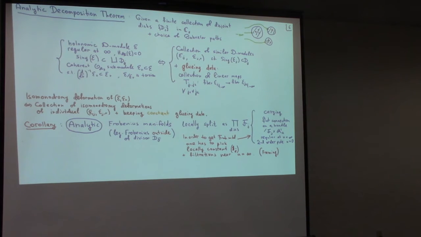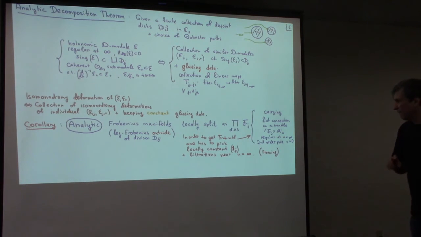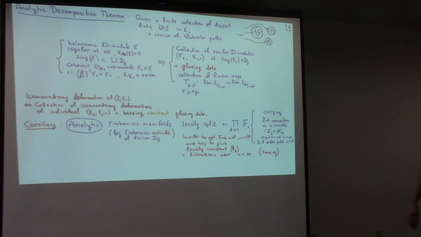And in order to get a Frobenius manifold, one can extend this bundle to infinity, on an affine line in the U variable. And because we extend using an extension with poles of order 1, near infinity we choose a locally constant filtration, like by integers, and then define the extension canonically.